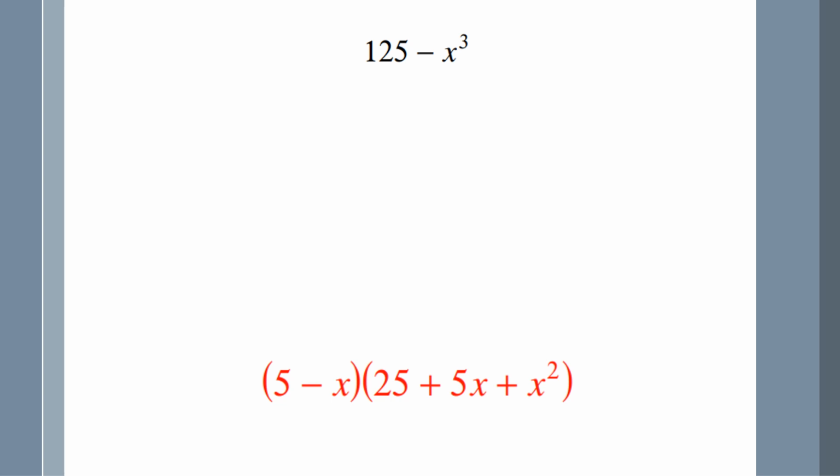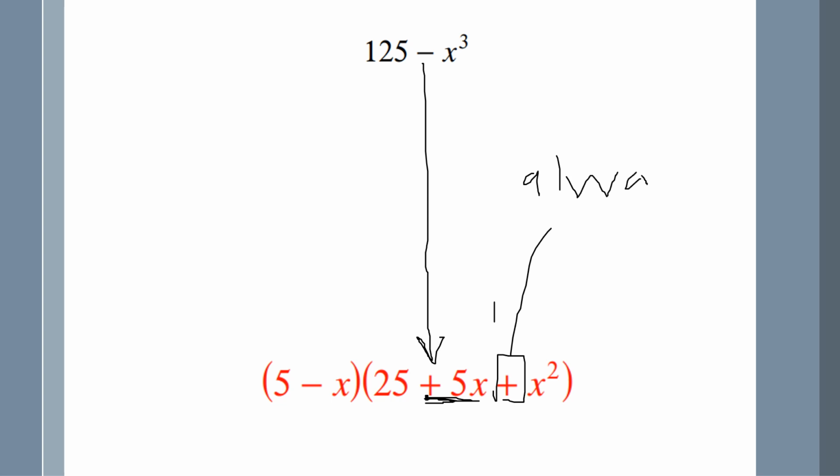The only thing that I will explain to you, do not forget this sign change. This is going to be positive instead of negative. If this is negative, this is positive. And the back is always, forever, ever positive.